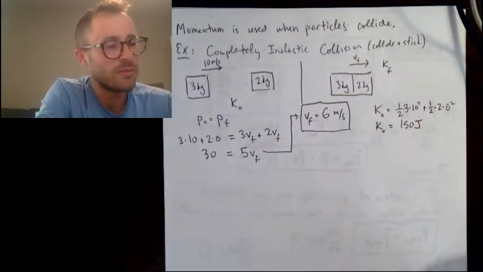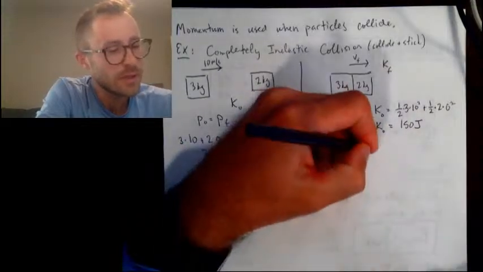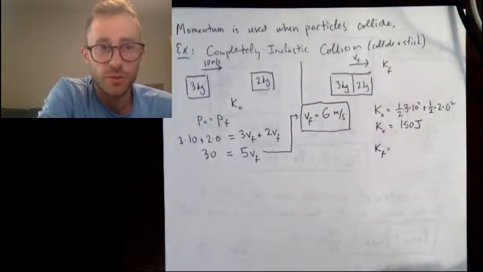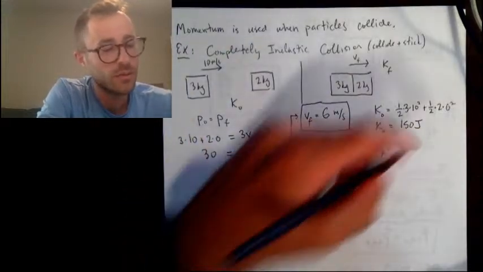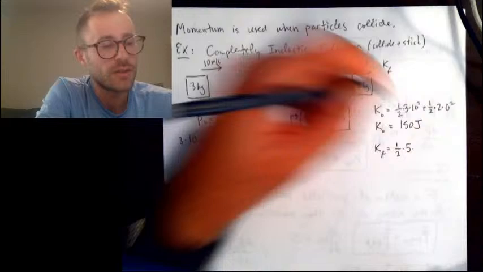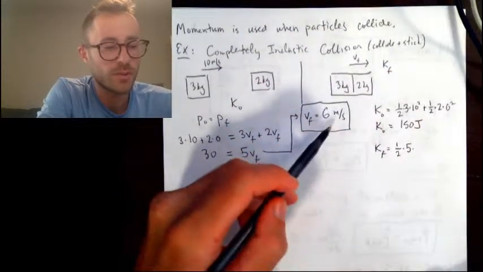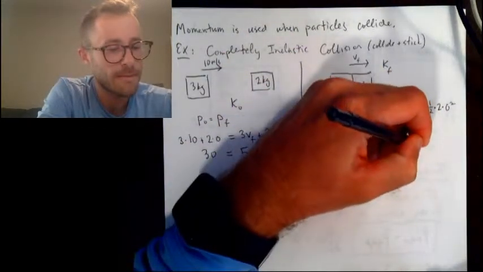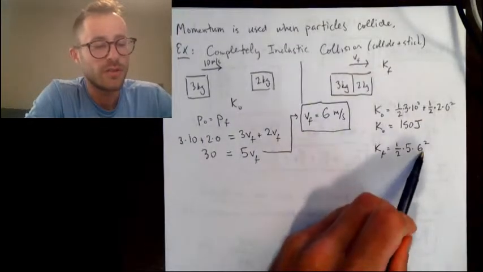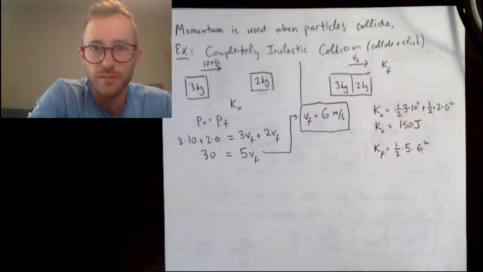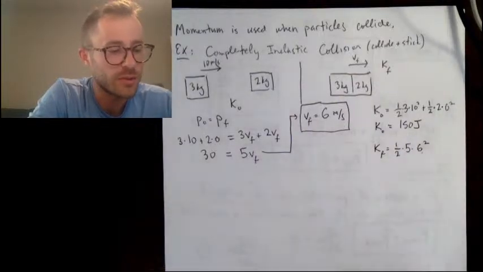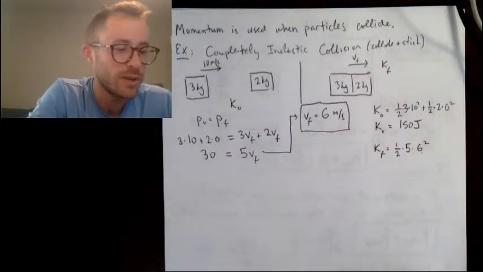If we look at the final kinetic energy, again treating these two masses as a single mass, we would have 1/2 times 5 times the final velocity squared, which I know is 6. So I have 36 over 2, which is 18, times 5, which is 90 joules.